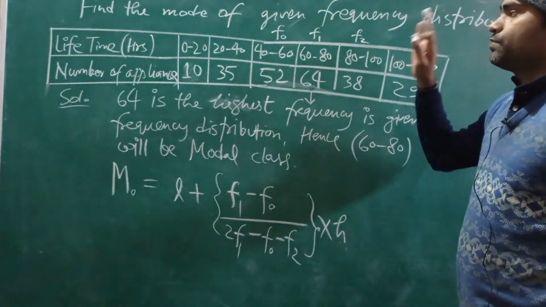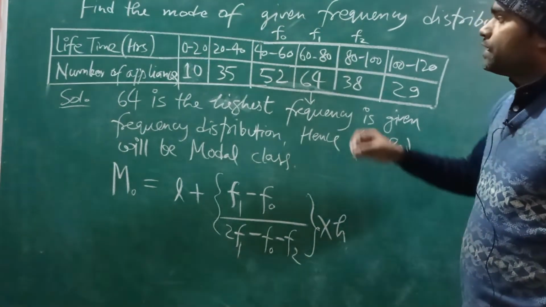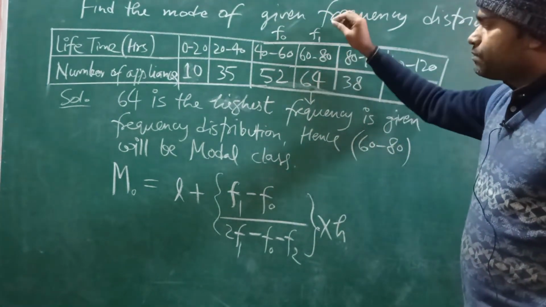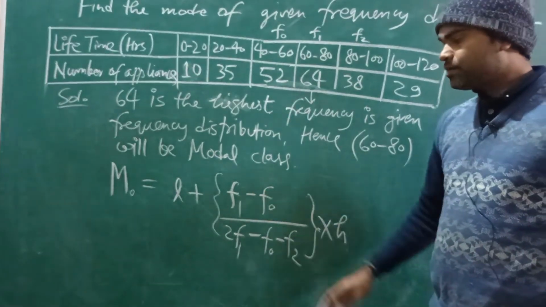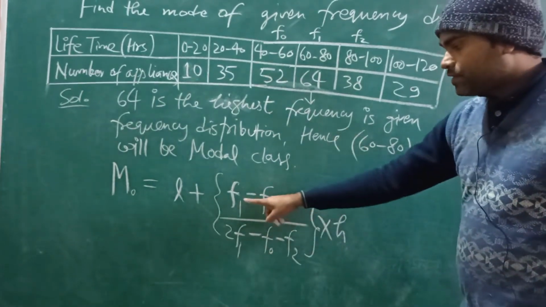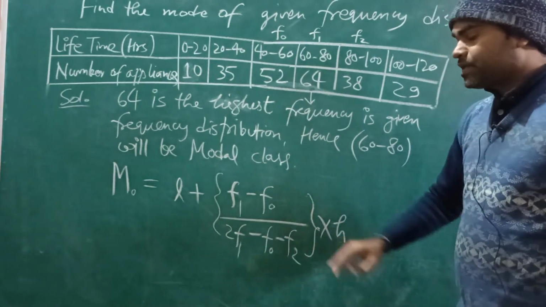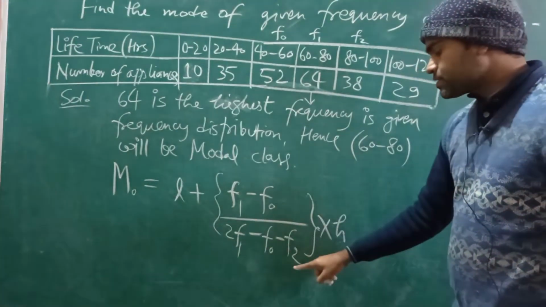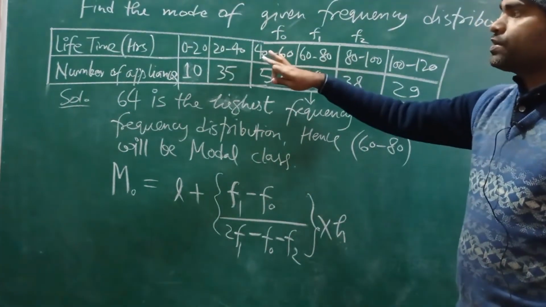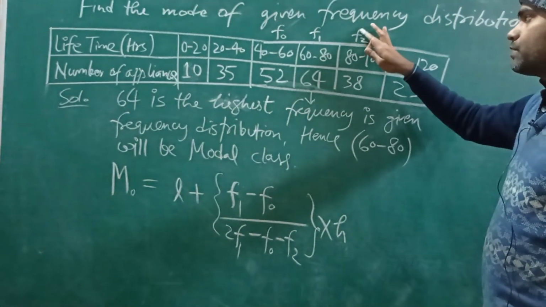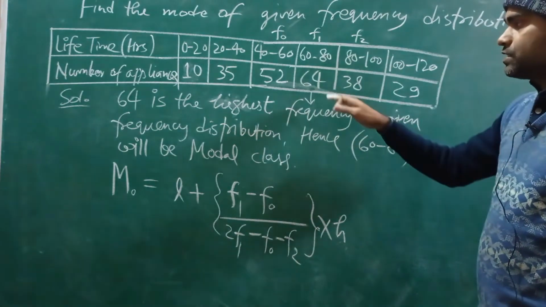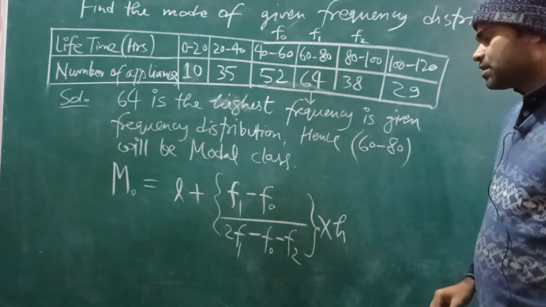F1 is the frequency of the modal class, and in the formula, in the numerator and denominator, F1 is the first term: F1 minus F0, and 2F1 minus F0 minus F2.